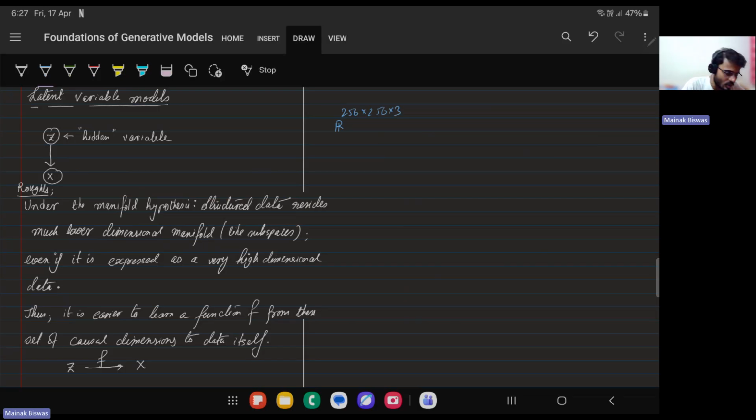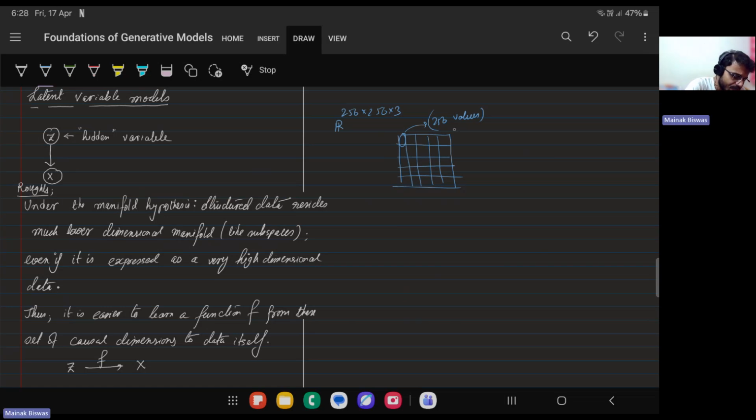Say each pixel in this 256 by 256 by 3 can take 256 values. So now you tell me how many different random images can you make?